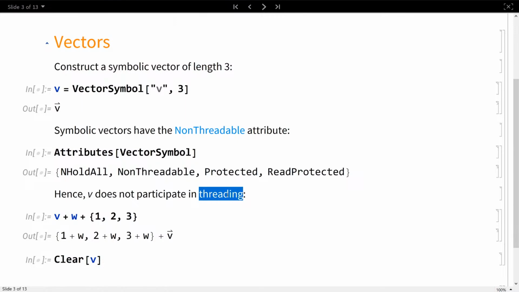Suppose you have v, the vector symbol, and w, which is just some other variable, and you add them to the list {1, 2, 3}, then the w goes inside the list while v stays out. It does not participate. That's critical for making things work symbolically, and that's one of the reasons for having these dedicated vector, matrix, and array symbols.